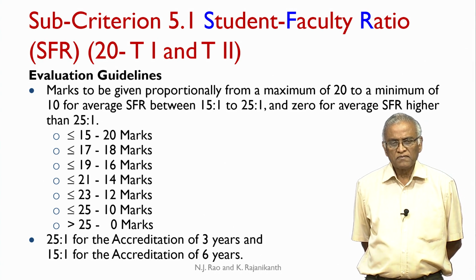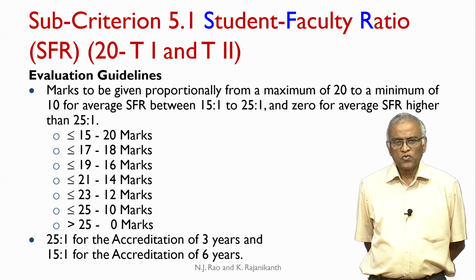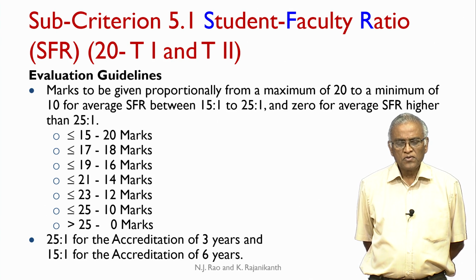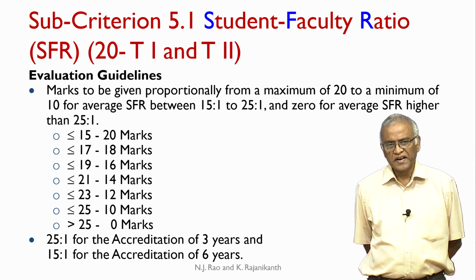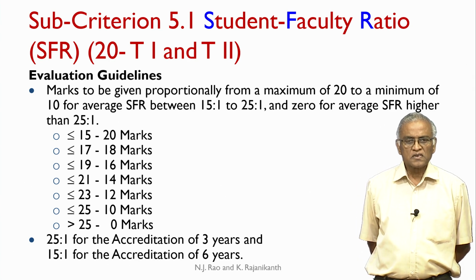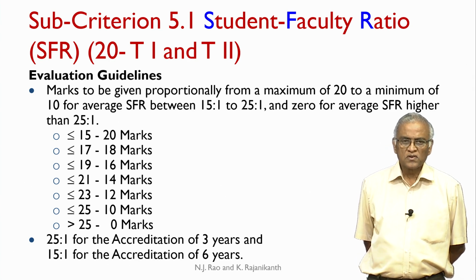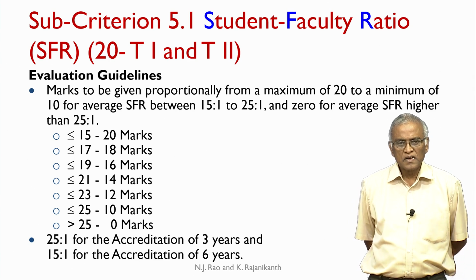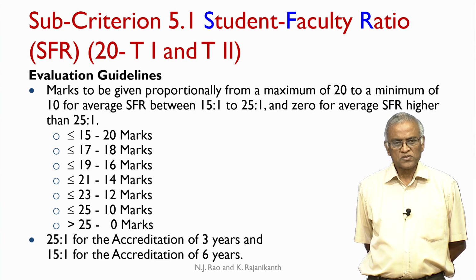Now, if you have a 15:1 ratio, then you get the full 20 marks, and if you have 17:1, you get 18 marks. So, if it is 16:1, you get 19 marks. It is on a pro rata basis until the 25:1 ratio.